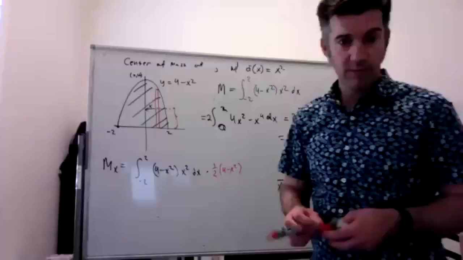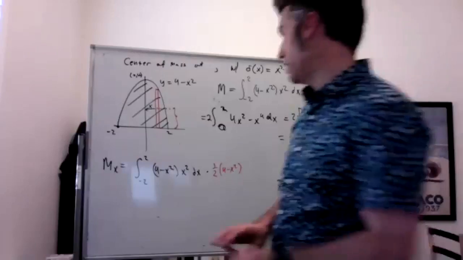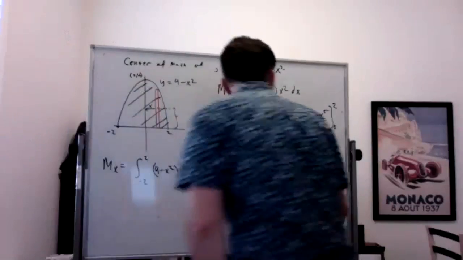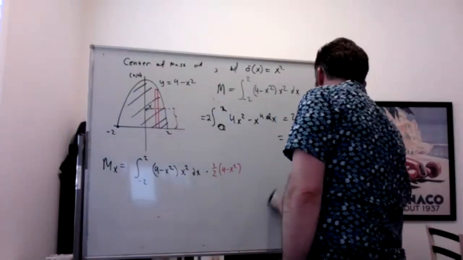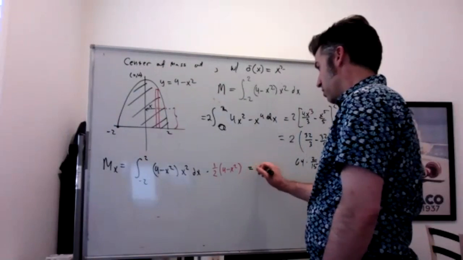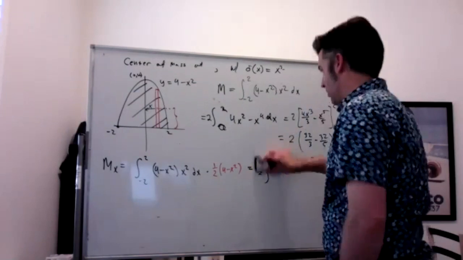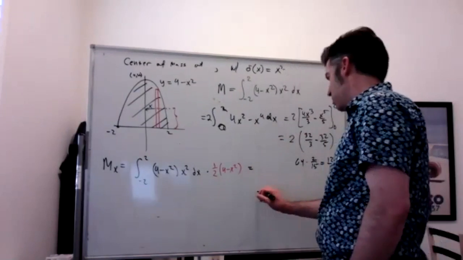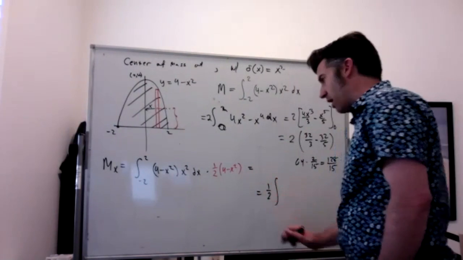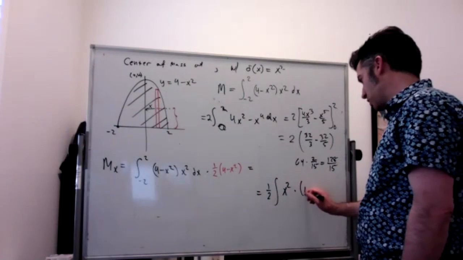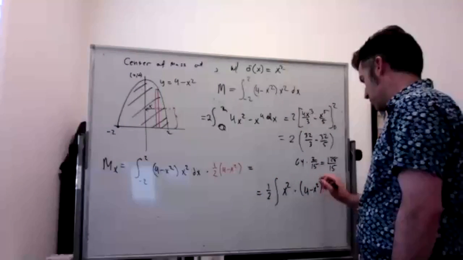That's your lever arm. So in this case, I don't really need to write it this way, but you could write it as 1/2 the integral of the density times the function squared.